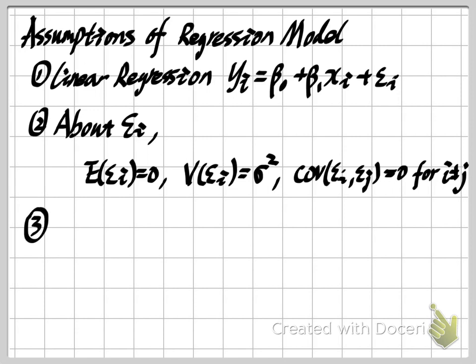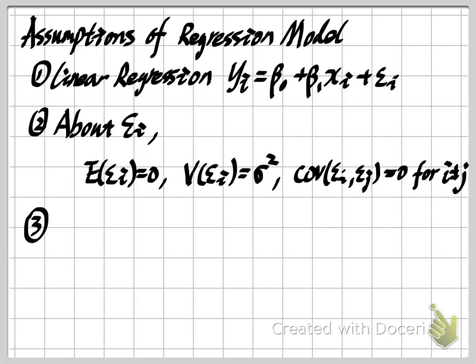The last one is still about our error term, but we generally have this one when we do hypothesis tests, confidence intervals, or prediction intervals, because we need to talk about the distribution of our errors or the distribution of our beta. So we need a distribution for our error term.